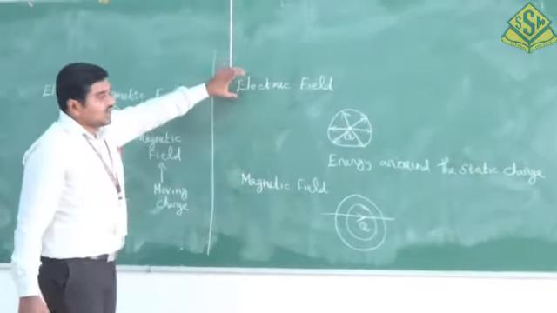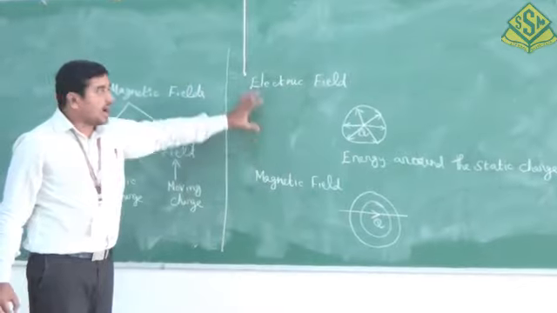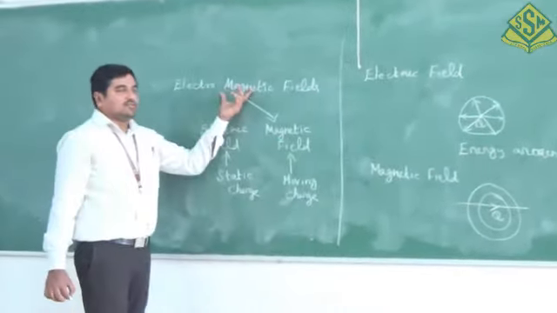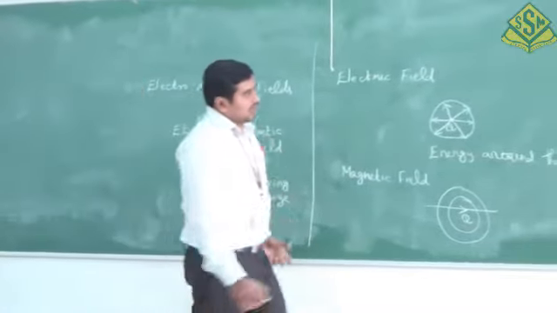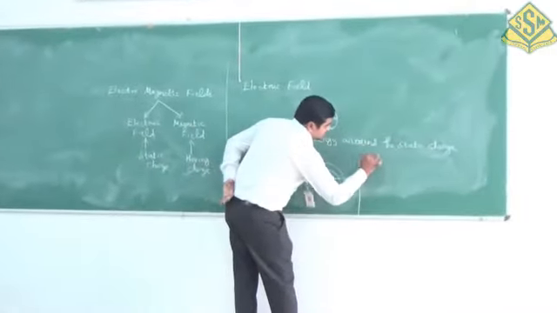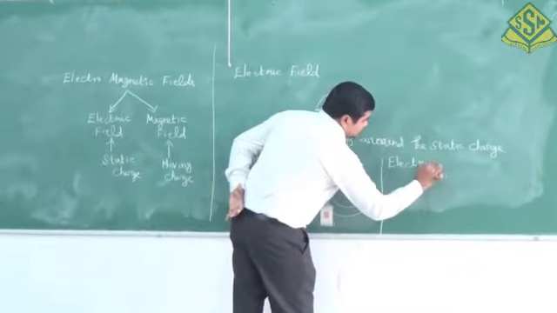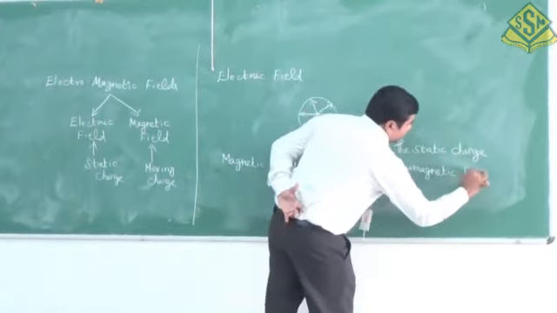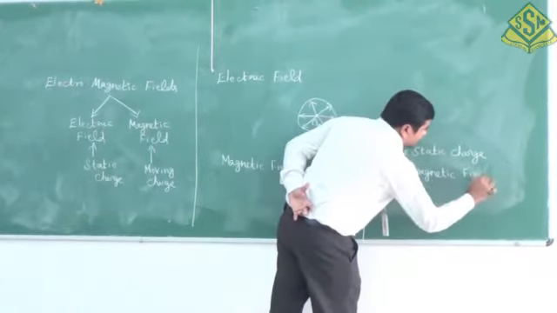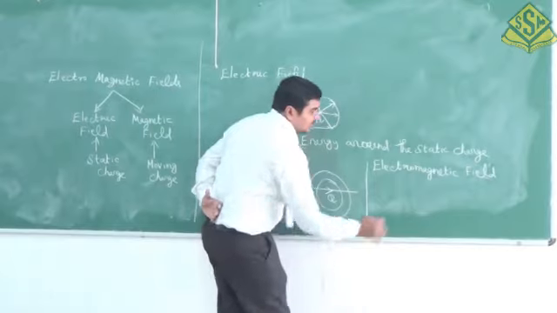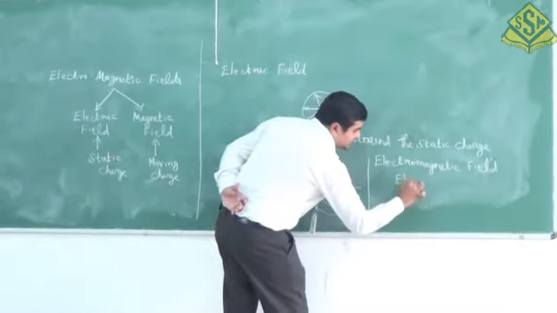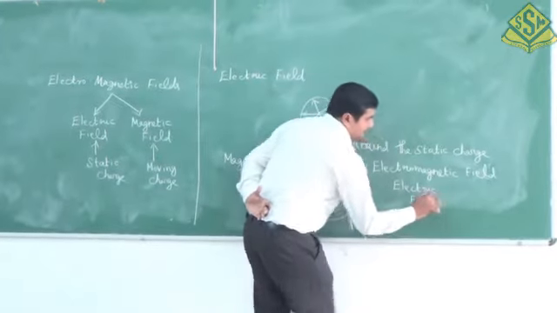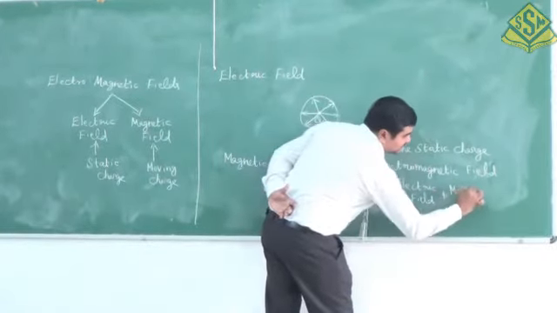Now we defined this electric field and magnetic field. Combination of both electric and magnetic fields is called electromagnetic fields. So electromagnetic fields means it is a combination of electric field and magnetic field.